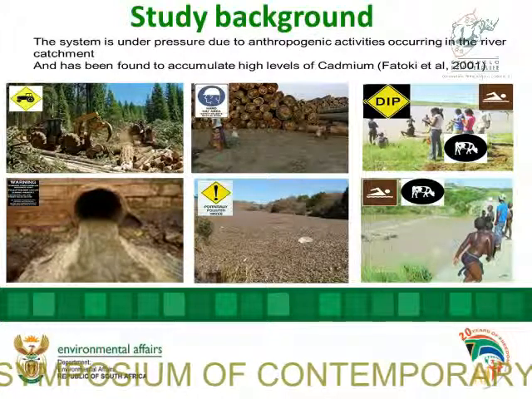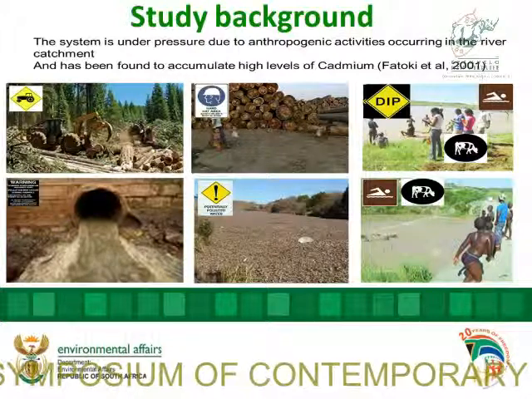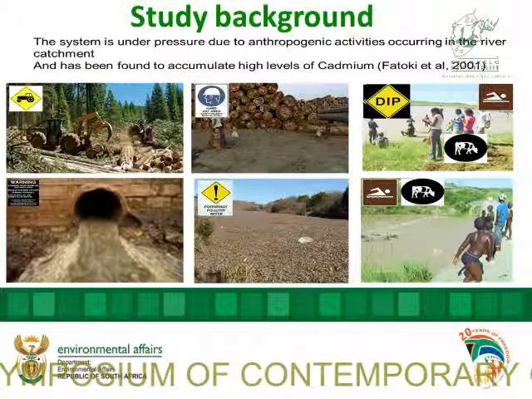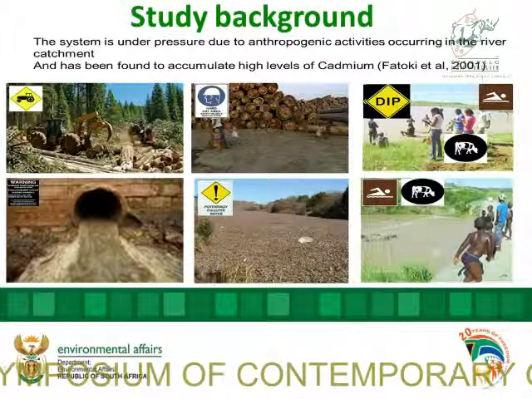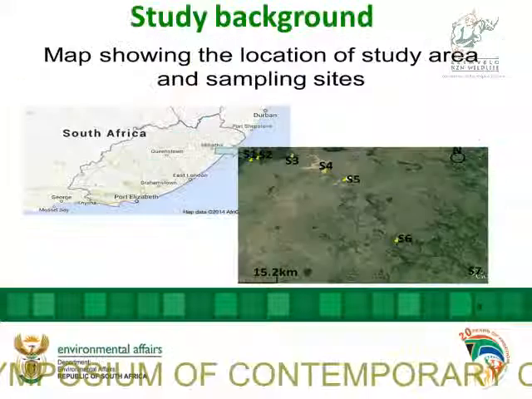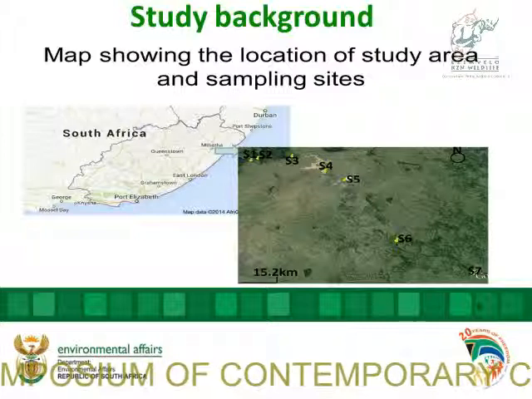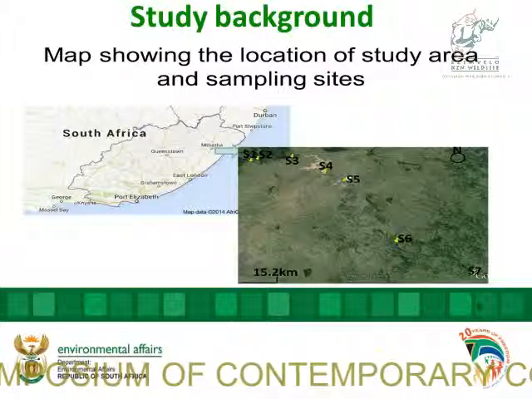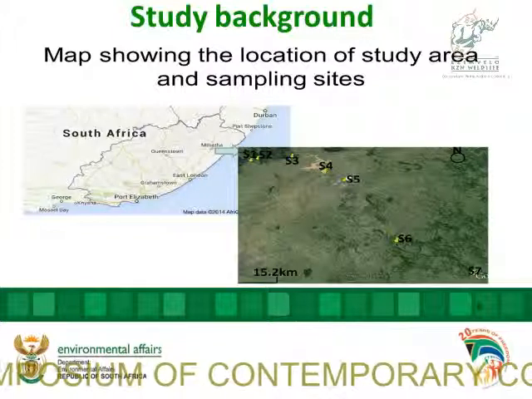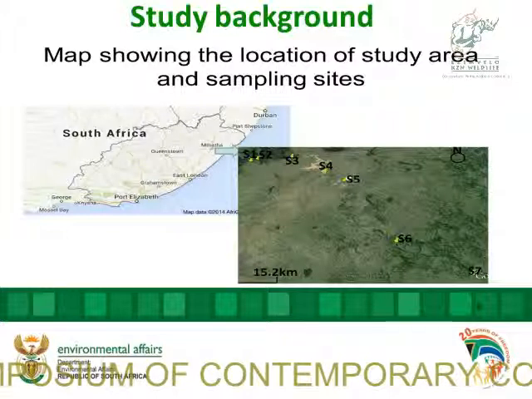The river is used by local people for different reasons. They use the river for swimming, fishing, and also for domestic purposes. We selected 7 sites along the river. The sites represent the different stages of the river system and different land uses that were occurring within the catchment of the system.